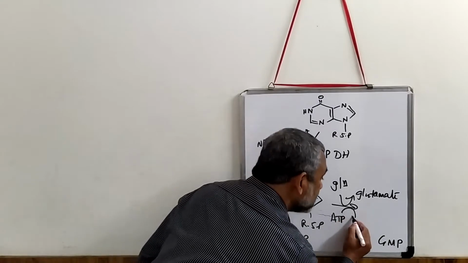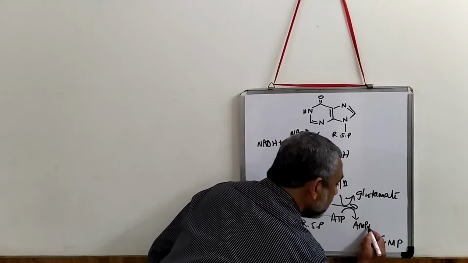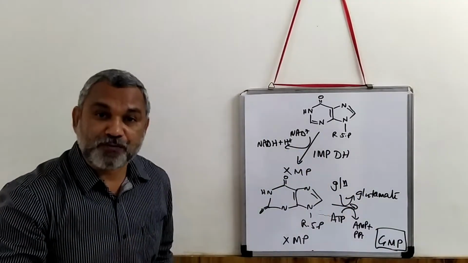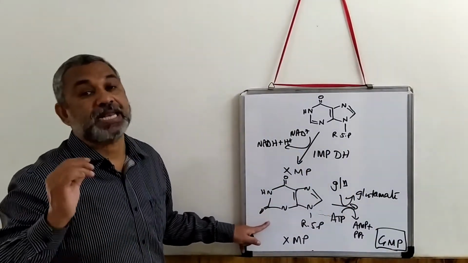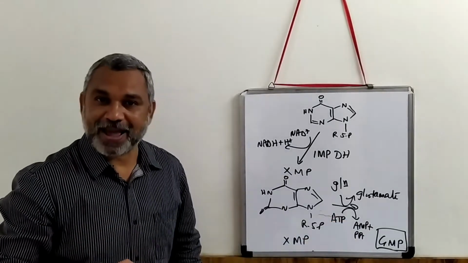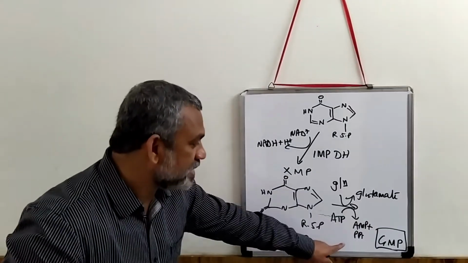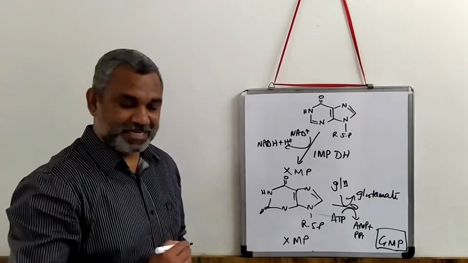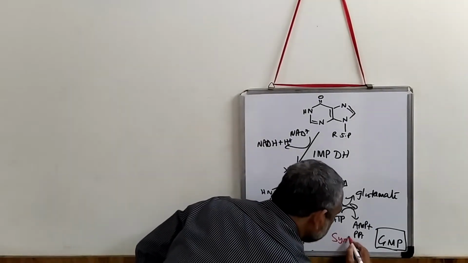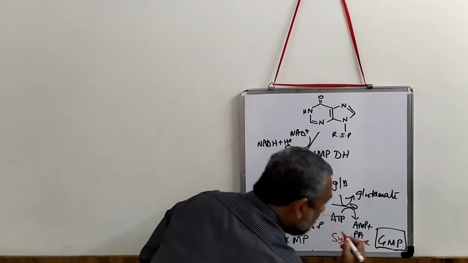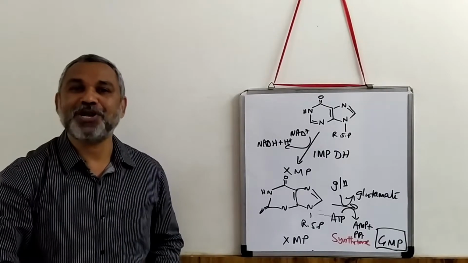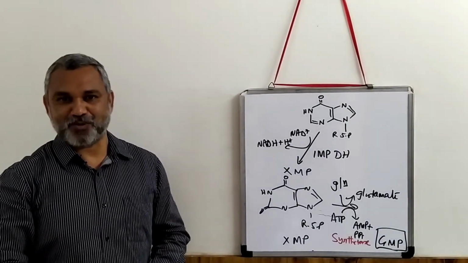ATP is cleaved into AMP plus PPi, and you will have guanosine monophosphate, where you introduce an NH2 here. It is catalyzed by an enzyme, GMP synthetase. So that is how we produce GMP molecules as well as AMP molecules.